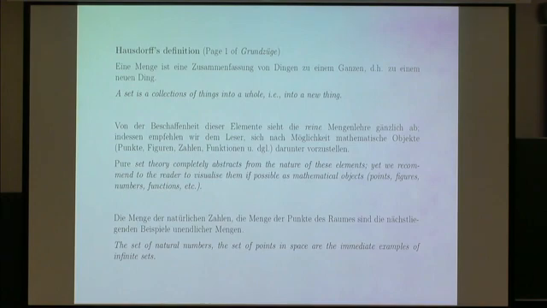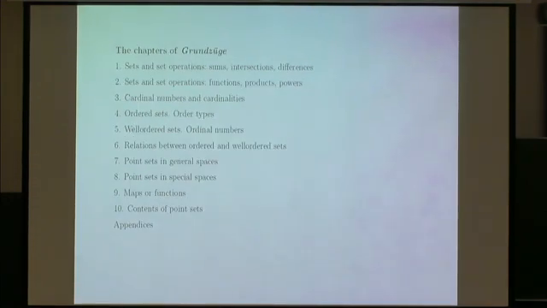So in the book, and here are the titles of the chapters, Hausdorff studies unions, intersections, first of arbitrary sets, and then things get a bit more specific. He is looking at cardinal numbers, at ordinal numbers. His sets are getting structure as linearly ordered and well-ordered sets.